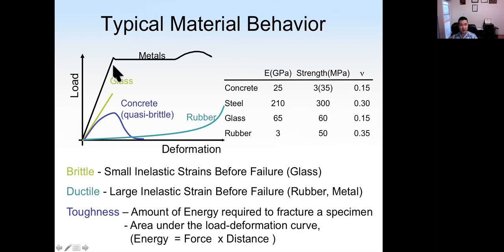For all these types of materials, initially it will have an elastic region, which means the curve is somehow straight. The E value does not change. After that, it will have an inelastic region. For brittle materials, the inelastic region is very small or non-existent.